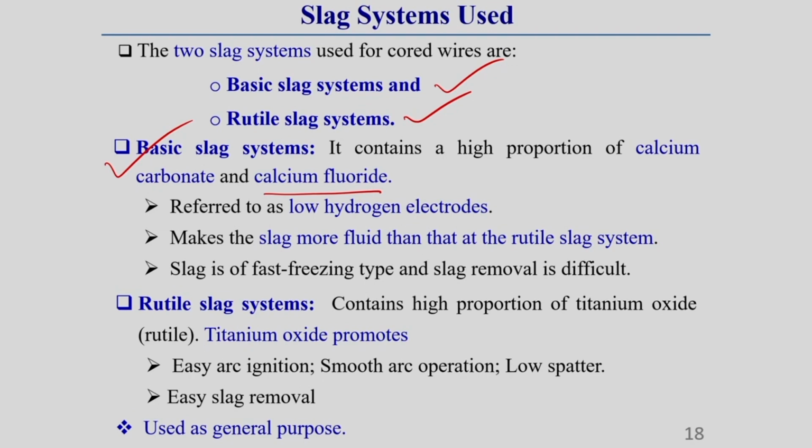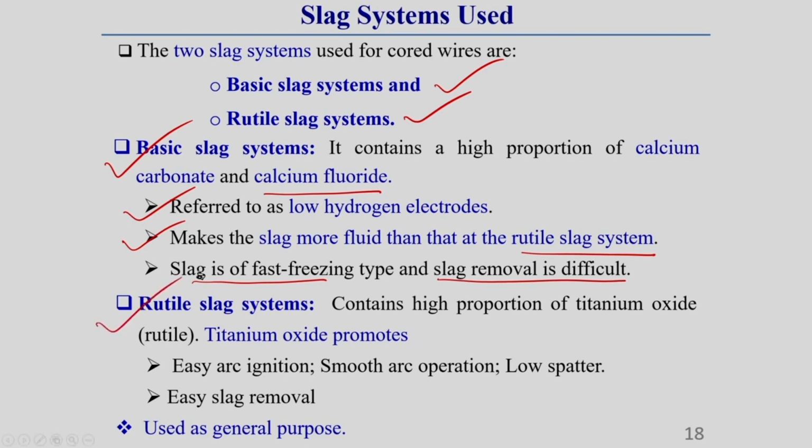It is also referred to as low hydrogen electrode. The slag formed when it burns has more fluidity than the rutile type of slag system, and this slag is fast freezing, meaning it is immediately frozen and solidified. That's why it is a little bit difficult to remove after welding.